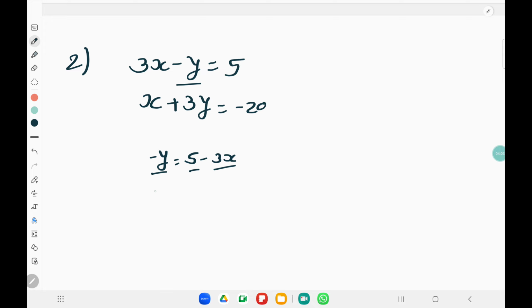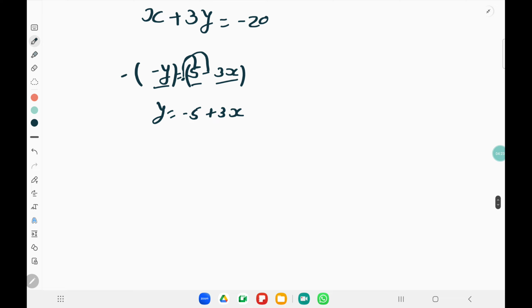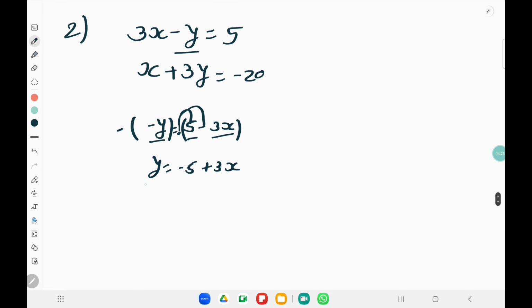So negative terms become positive: y was negative becomes positive, 5 was positive becomes negative, 3x was negative becomes positive. Why did that happen? I multiply everything on both sides by the negative sign. That's why negative times positive is negative, negative times negative is positive. Okay, remember that. Now the y value we find: y is minus 5 plus 3x.